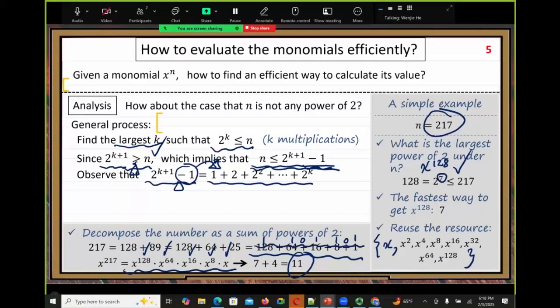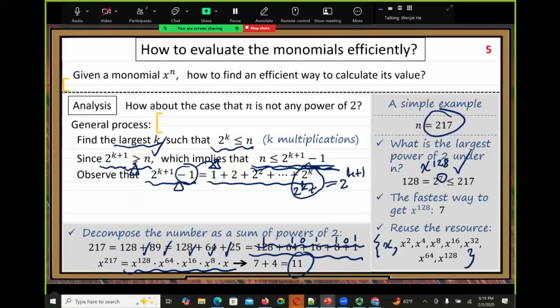Every time you add the first 2 numbers, that's the next number. Then at the end, you use 2 to the k plus 2 to the k, that is 2 to the k plus 1. So you can see that.